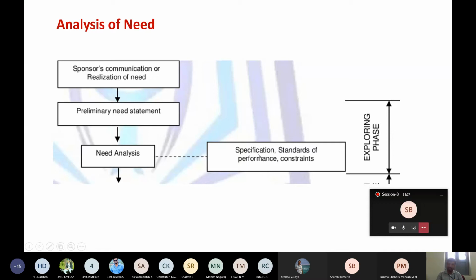What are the expected specifications by the consumer or the management of the company? What are the standards of performance expected by the management of the company or by the consumers? And again, constraints. What are the constraints for a designer, what are the constraints for a user of the product, and what are the environmental constraints? Okay, so these are the things we are going to discuss in analysis of need.